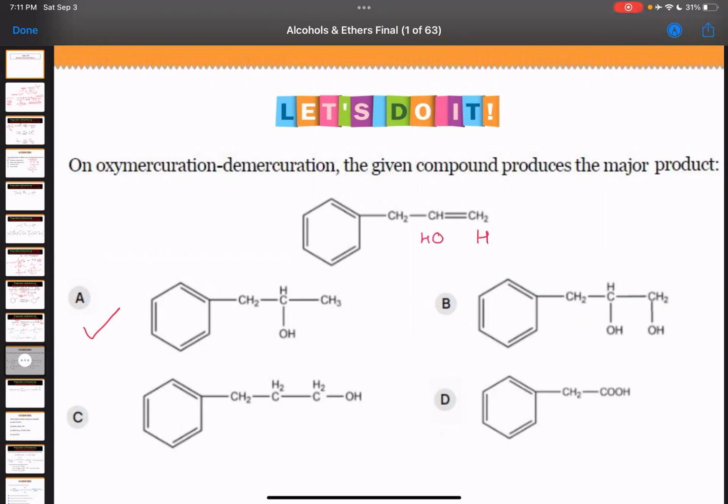In a Markovnikov way, H will get added to the carbon atom having more hydrogens, and OH will add itself to the carbon atom having less hydrogen. That's it, the answer. No need of doing rearrangement. But suppose this is another question. If you would have taken dilute H2SO4 to add water, what will be the product which is going to form in this case?